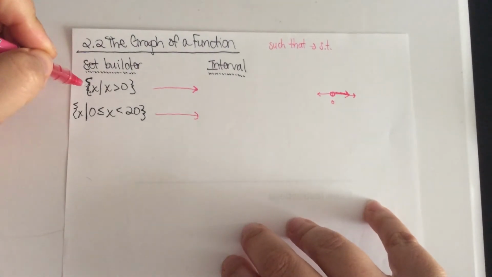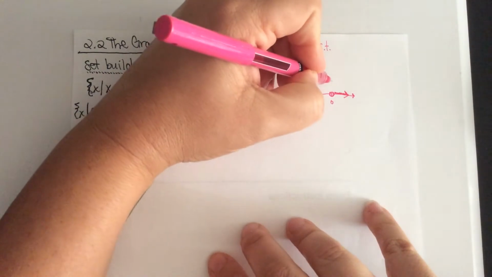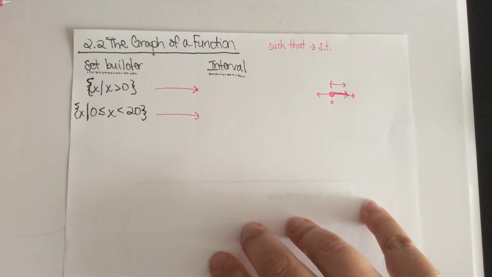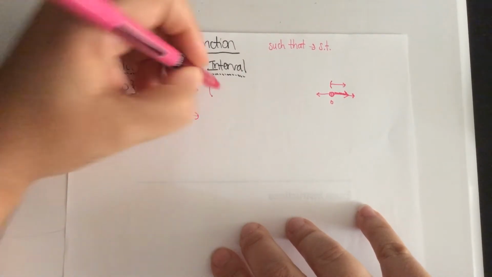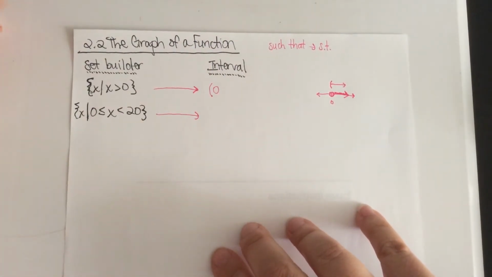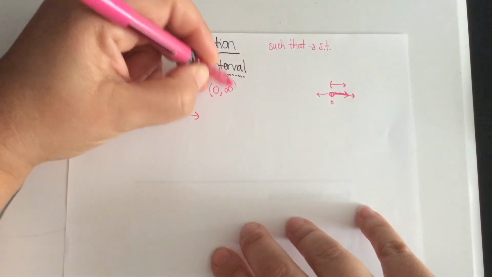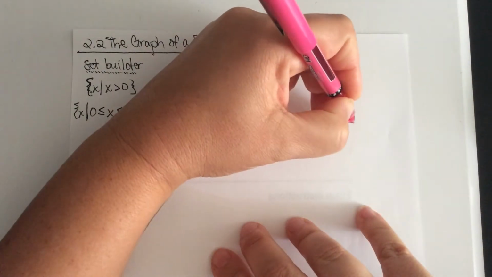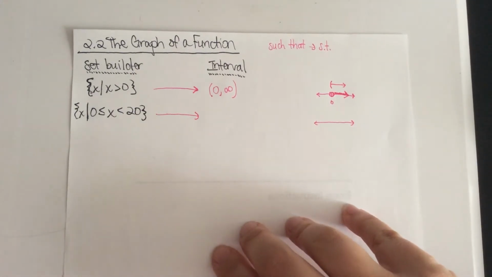Now, in Algebra 2 and Pre-Calc and moving forward, we don't do an open dot, we do a parenthesis to indicate that we're not including it, and we go greater than, so to the right. So the parenthesis means we're not including the 0, and we're starting at 0, we're going to positive infinity, so that's the interval notation, okay? The number line is not necessary, it's just a visual for people who are visual learners.